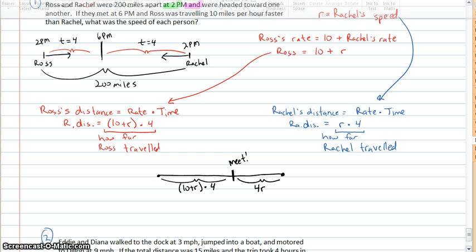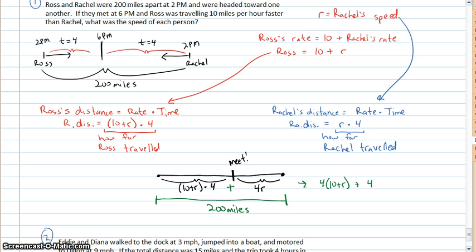We know that the entire thing is 200 miles. If I add these two distances, I'll get the entire distance, which is 200 miles. So that's where my equation comes from. We know that R equals 20.